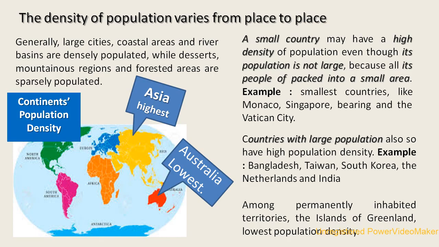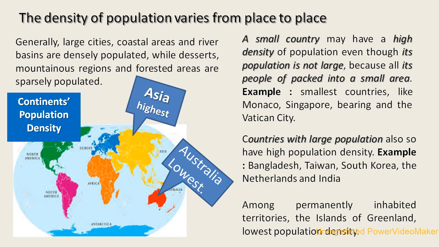At the same time, countries with a large population also have high population density. For example, India. India has a huge land area, and at the same time India also has a huge number of population.